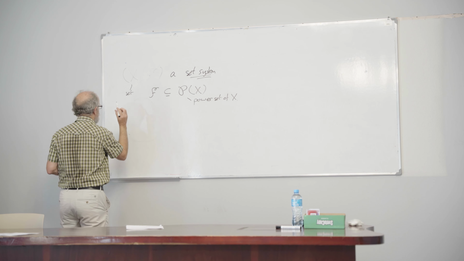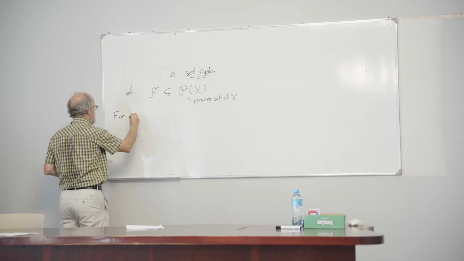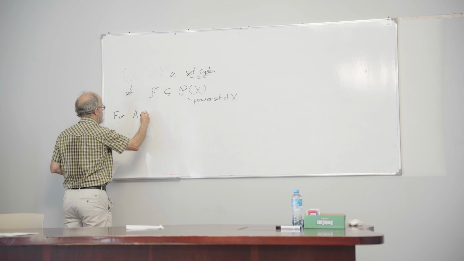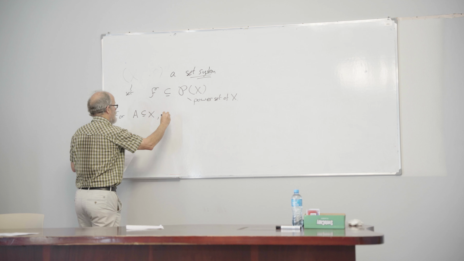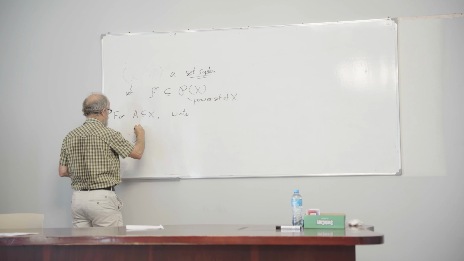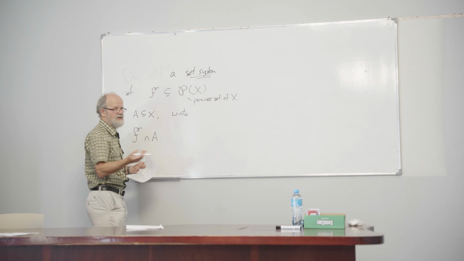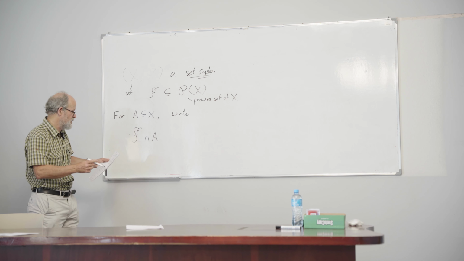And then a key bit of notation: for a subset A of X, we write F intersect A. This is an abbreviation, a sort of abusive notation.